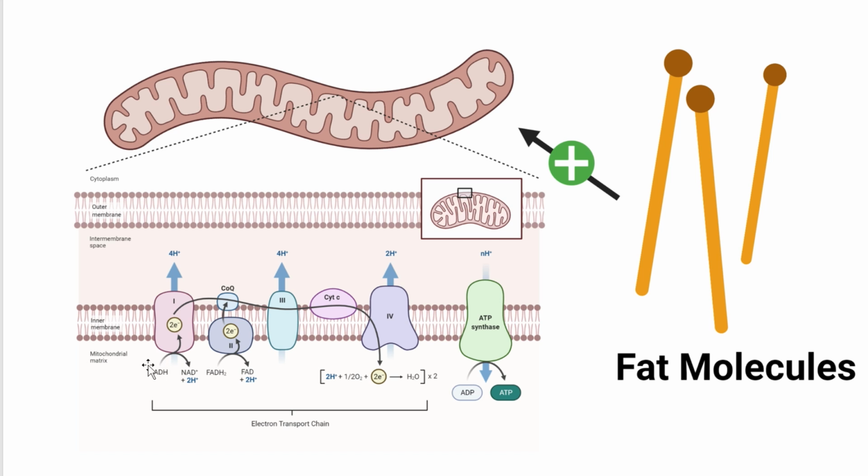But what I do want you to know is that from these fat molecules that are cleaved, you get NADH and FADH. Those then interact with complex 1 and complex 2 of this chain of proteins known as the electron transport chain. And those then go through a bunch of chemical reactions. That's not what I'm going to be going into. They ultimately lead to the production of ATP, or adenosine triphosphate, or really simply cellular energy.